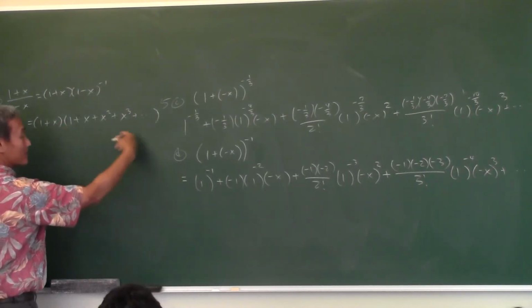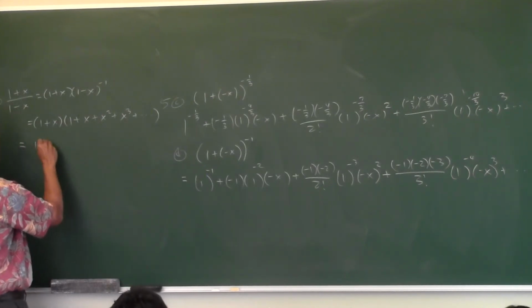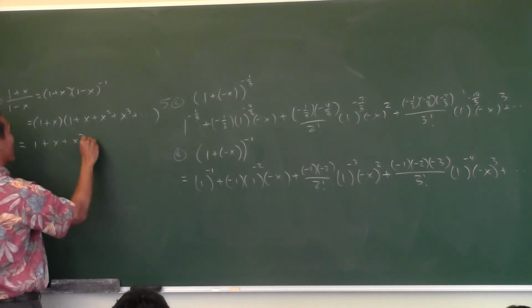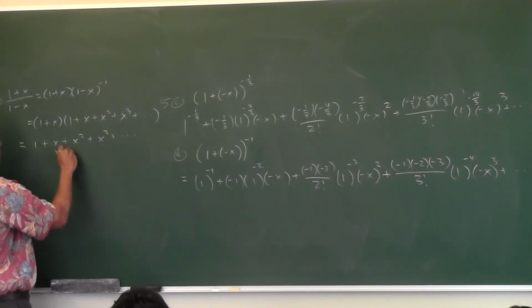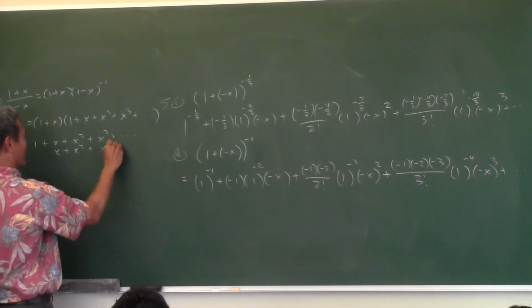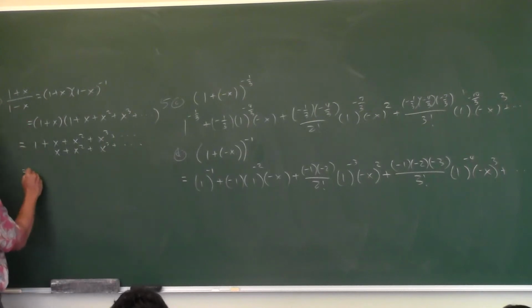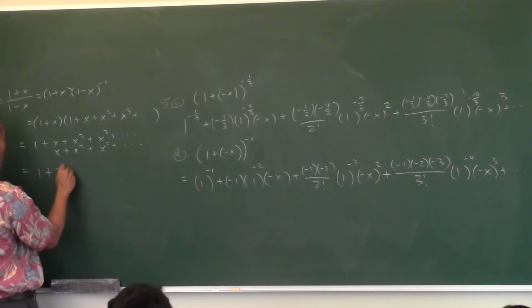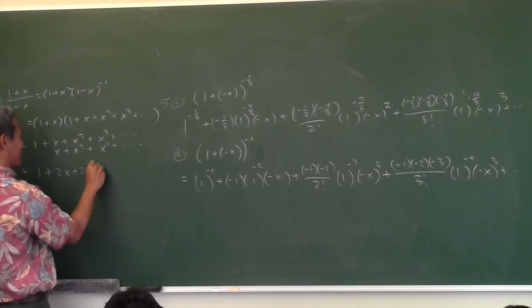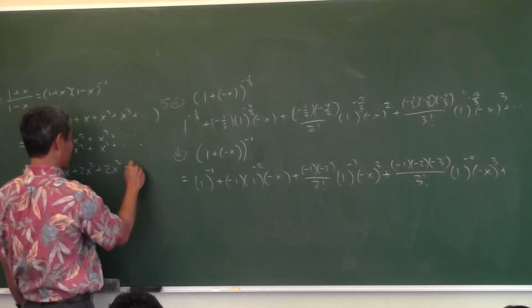Take the second term, distribute it. Go! 1 plus x plus x squared plus x cubed plus dot dot dot. Take the x and distribute it: x plus x squared plus x cubed plus dot dot dot. Add up the like terms. Final answer, survey says: 1 plus 2x plus 2x squared plus 2x cubed plus dot dot dot.